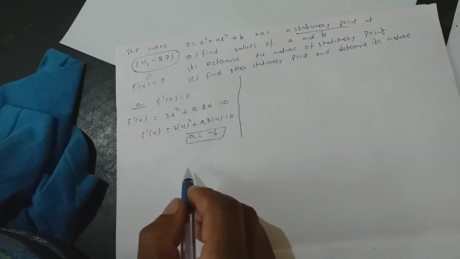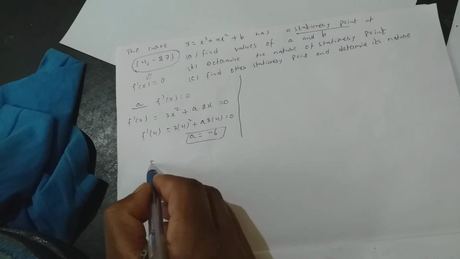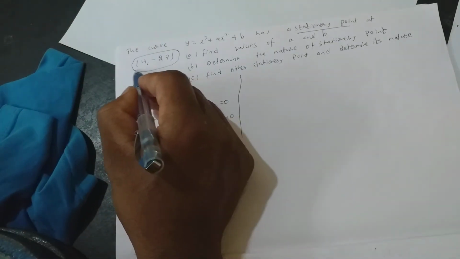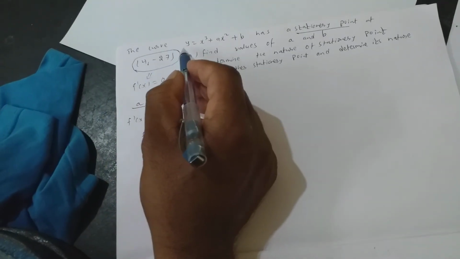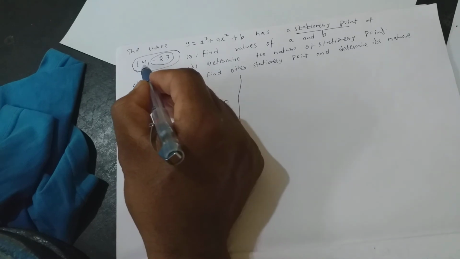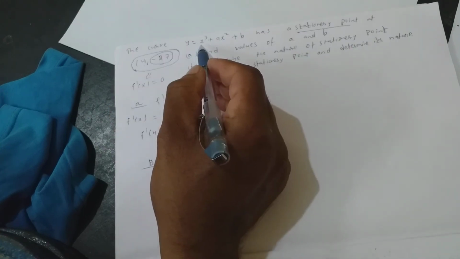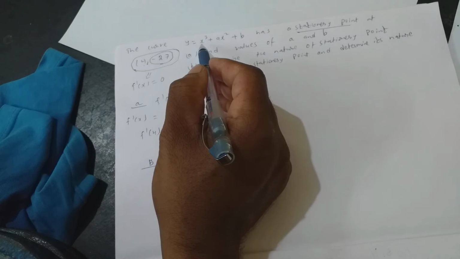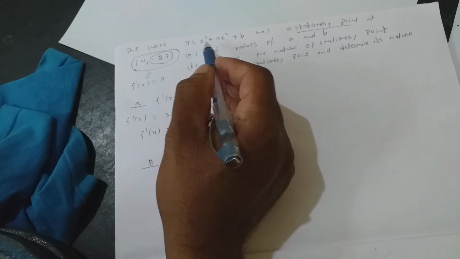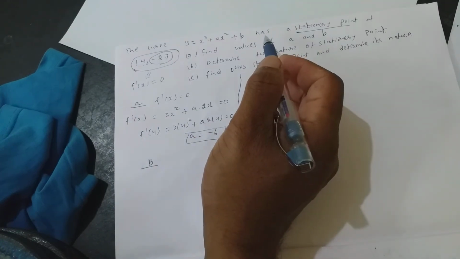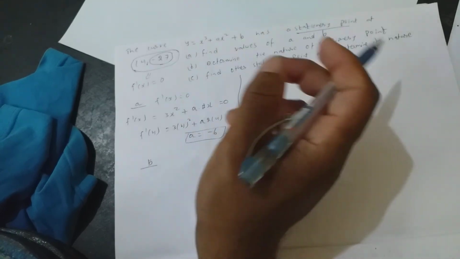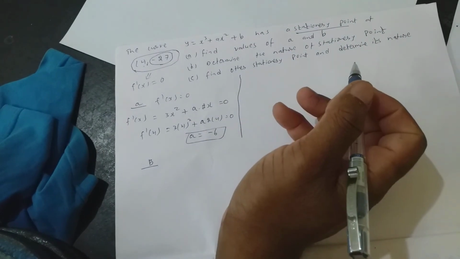Now how will I get the value for b? To get the value for b, he has given me a point. So if I replace y by minus 27 and x by 4, I can do that, don't you think? Yes, right? If I do that, then I get the value for b. Whatever is given, make use of it to answer what he is asking.